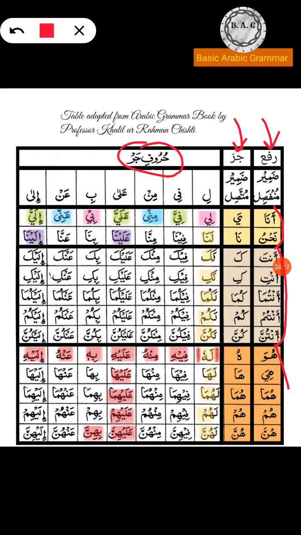Third person is over here, which is ghaib, which means he, she, it, they, both of them, etc. We are going to approach this chart systematically, and first of all, let's see what we have to take care of while using the mutakallim pronouns. Ya and na are the jar pronouns, and let's see what's happening here.